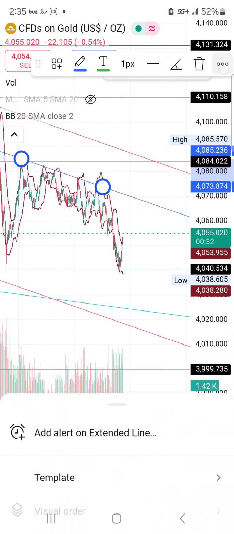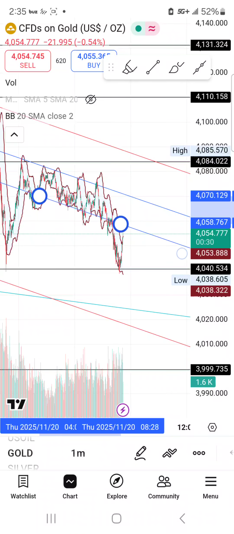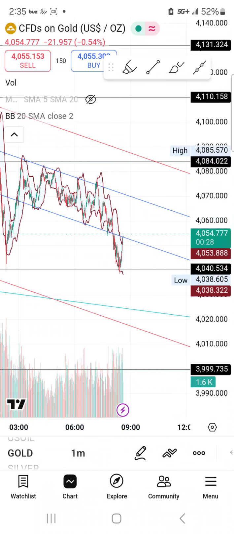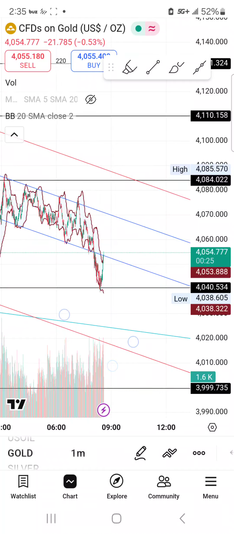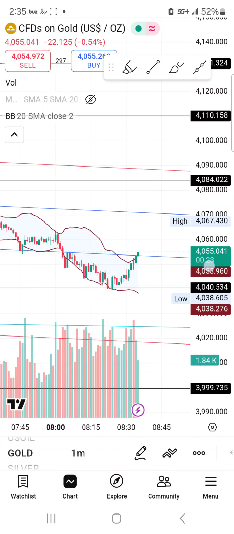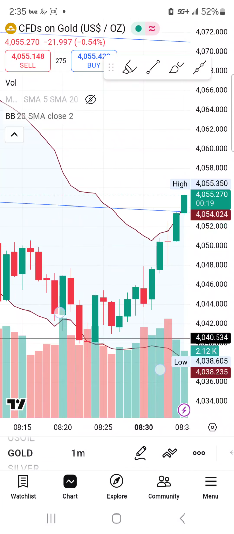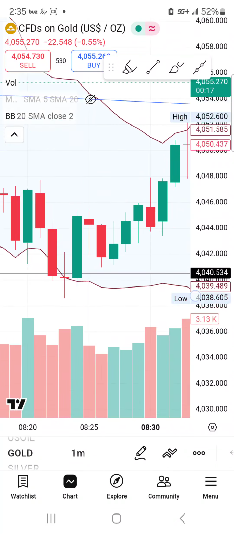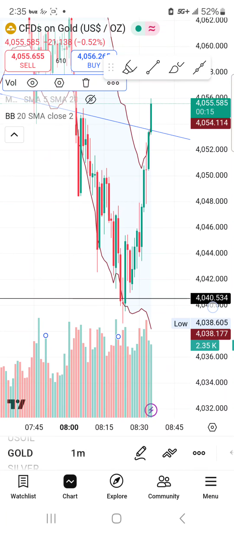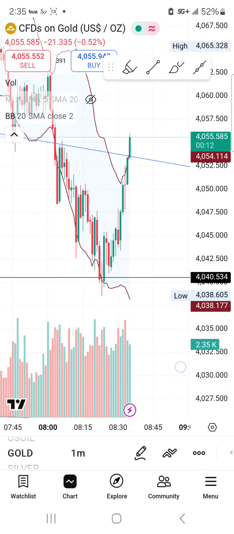But line of resistance, this is controlled selling. The bulls can use this, and as you see, nice precision buying, very beautiful, right off of that equilibrium at 4,040.